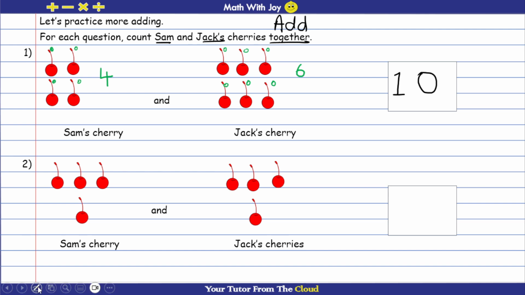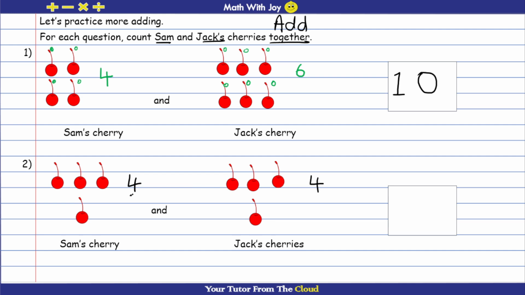Let's continue over to the next question, whereby we first have to know how many cherries does Sam have. So let's count them. 1, 2, 3, 4. And we understand that Sam has 4 cherries, while Jack has 1, 2, 3, 4. So he has 4 cherries as well.